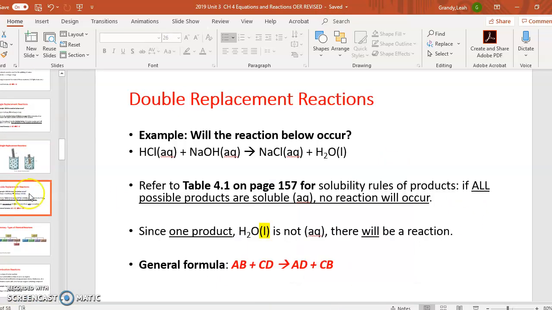In a double displacement or double replacement reaction, we also have to consider, will the reaction happen? So we're not using that activity series chart. We're using the table on page 157, table 4.1, for what are called solubility rules.